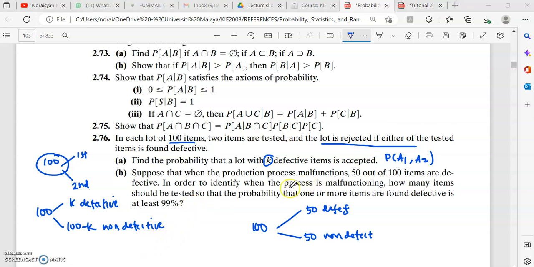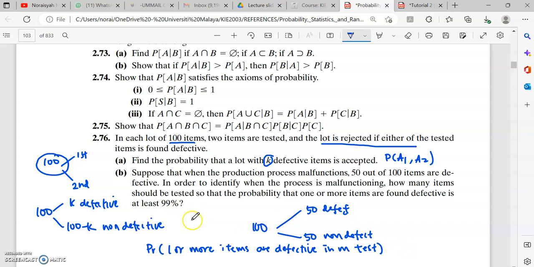If we were to write the probability it's asking for, we were asked to find the probability that one or more items are defective in M tests. We don't know what M is, and the probability of that is at least 99%, so bigger than 99%.